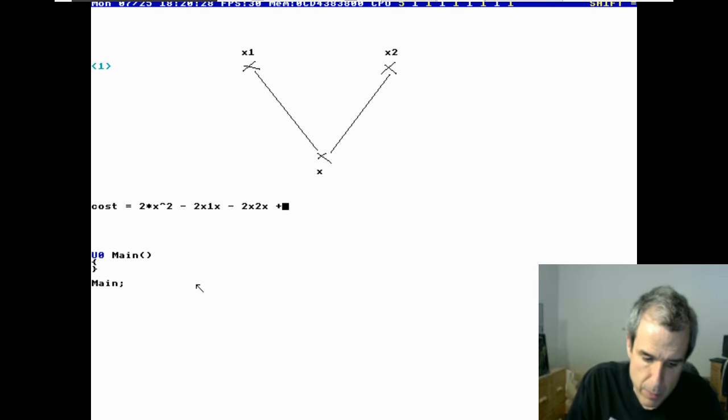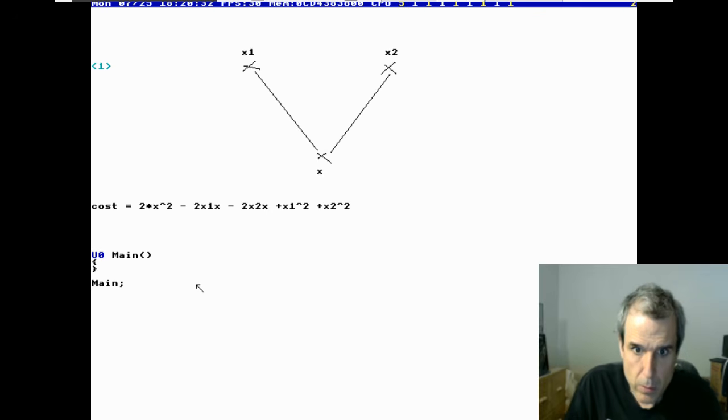And it's going to be plus x1 squared plus x2 squared. Oh, we got a y, don't we? Okay. So, oh crap. You know what? We have to do square root. X squared. Square root.